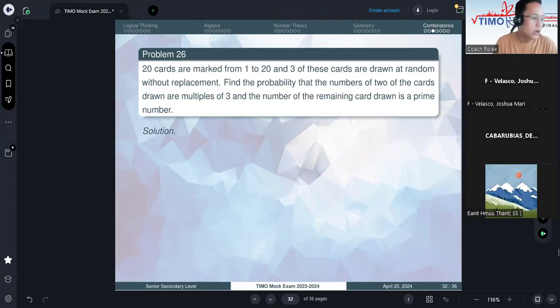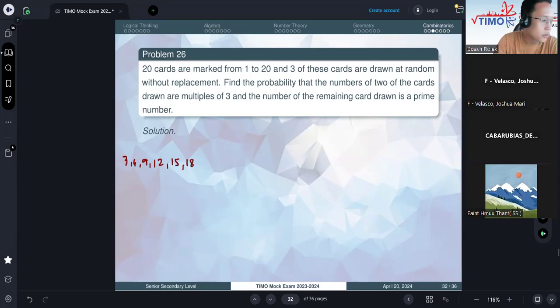From here, the first thing that we are going to do is out of how many? 7. We have the first 2 cards, so multiple of 3. So you will have, ano ba yung mga multiple of 3? 3, 6, 9, 12, 15, 18.